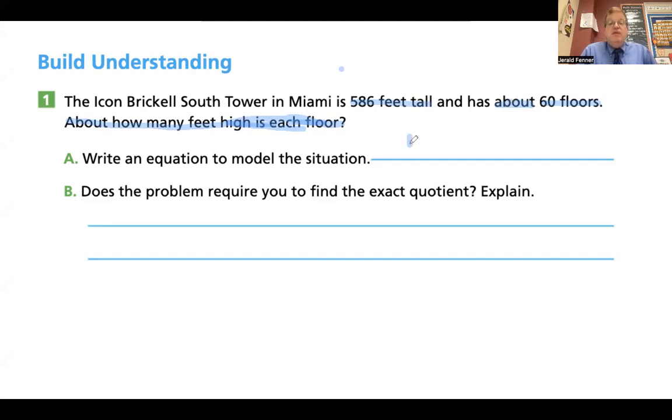And this problem would be 586 divided by 60. So the question is, does the problem require you to find the exact quotient? And the answer to that is no. Explain.